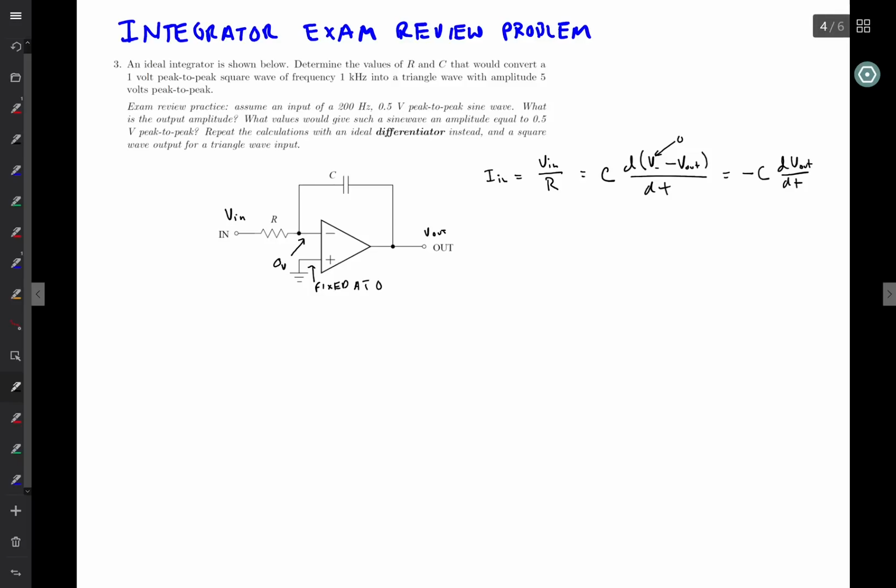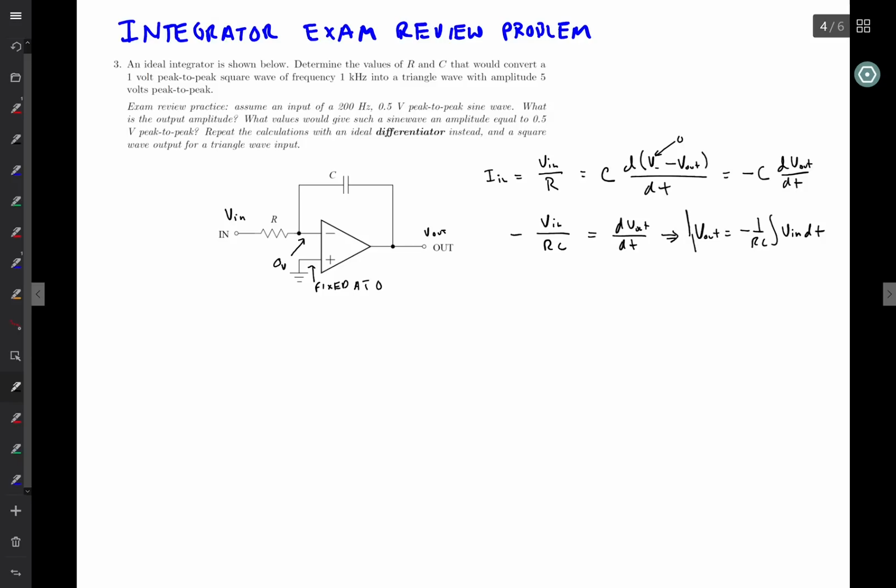So that means that the input is related to the output by Vin over minus RC is equal to dVout by dt. Or the output as a consequence of the input is simply the integral of this equation. So the output is equal to minus 1 over RC times the integral of the input voltage as a function of time, integrated over time.